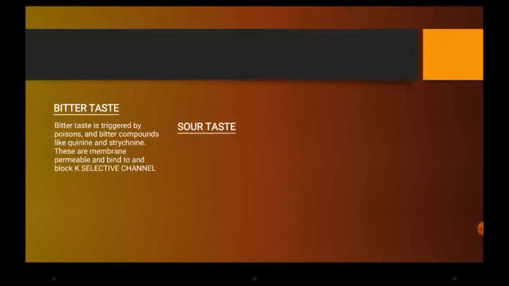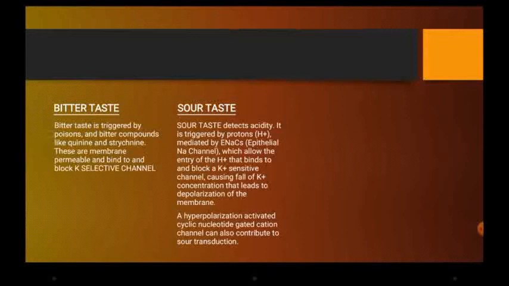Let's also go to sour taste. Sourness detects acidity. It is triggered by protons and mediated by epithelial sodium channels, which allow the entry of that proton so that it can bind and block the potassium sensitive channel, causing the fall of the potassium concentration that now leads to depolarization of the membrane.